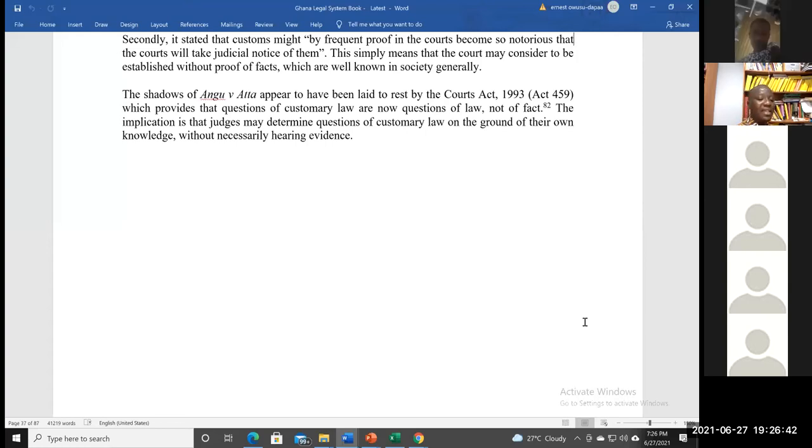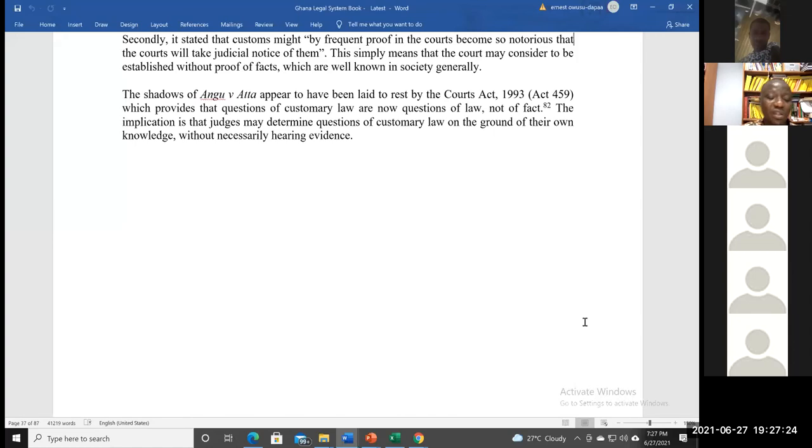And remember the case of Bila against Salifo. You can read the case of Bila and Salifo as an illustration of how the court actually made use of the equivalent provision of the Courts Act, Act 459, to determine the existence of customary law. You remember Bila and Salifo? I think there was an allegation of seduction, and a man was trying to get compensation from another person for having lain with his wife and so on.